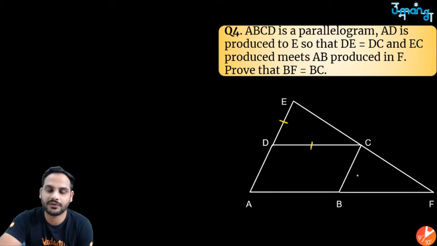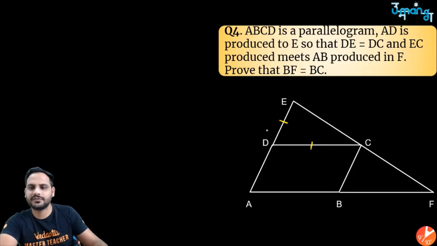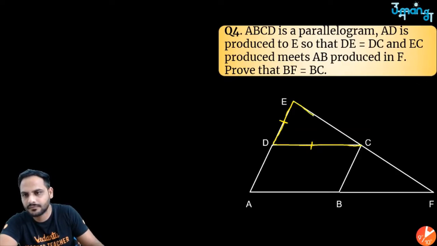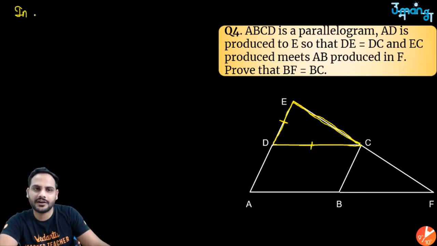ठीक है. अब ये वाला क्वेश्चन ध्यान से देखना, ABCD इज अ पैरेललोग्राम. एंड AD इज प्रोड्यूस्ड टू E सच दैट DE इज इक्वल टू DC. अब एक बात बताओ बेटा, ट्राइंगल DEC पे फोकस करो. इन ट्राइंगल DEC, फर्स्ट थिंग DE इज इक्वल टू DC, ये दिया हुआ है. सो द एंगल अपोजिट टू दीज टू साइड्स विल बी इक्वल.